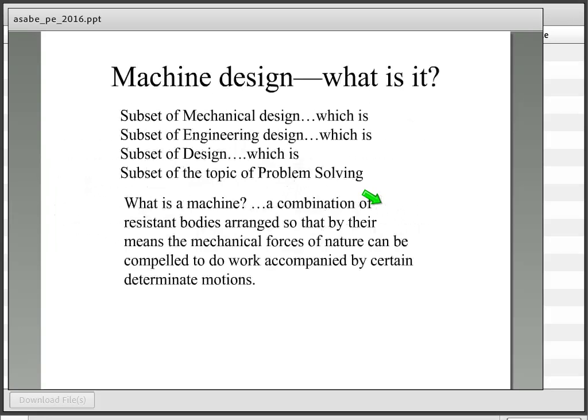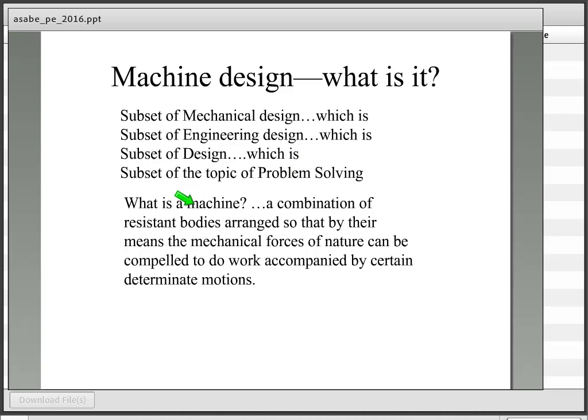And so I started out by defining machine design. What do we mean by machine design? Basically it's a subset of the greater area of problem solving. It's problem solving related to mechanical systems, which we typically call machines.